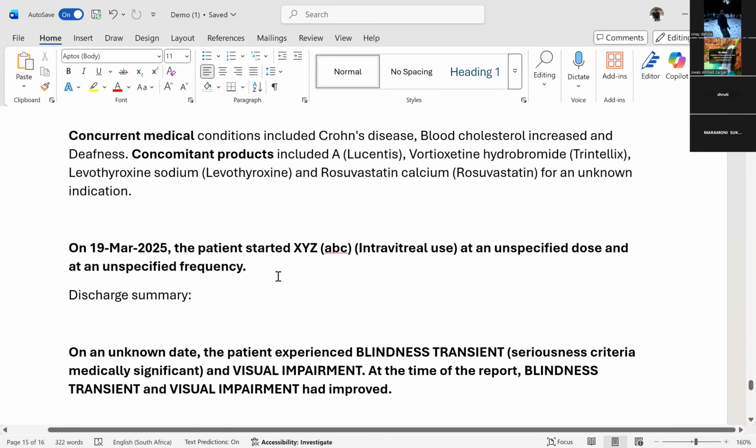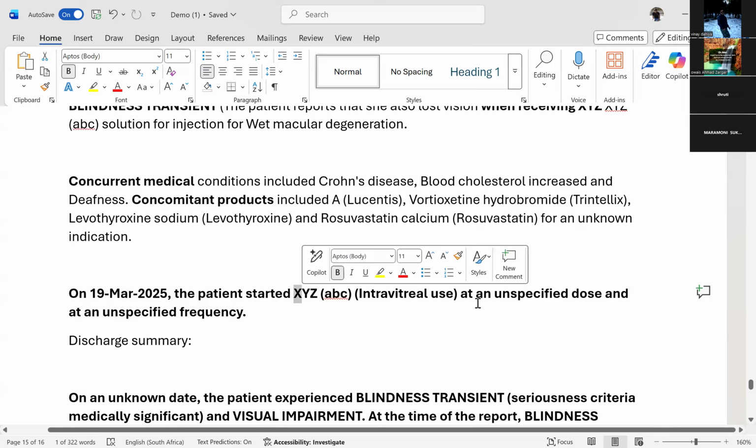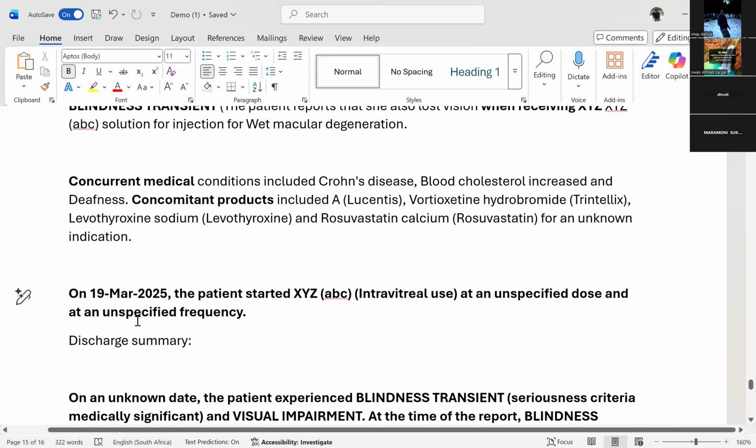So then we move on to the summary, the basic summary of the event, that on this date the patient started the product at an unspecified dose and frequency.